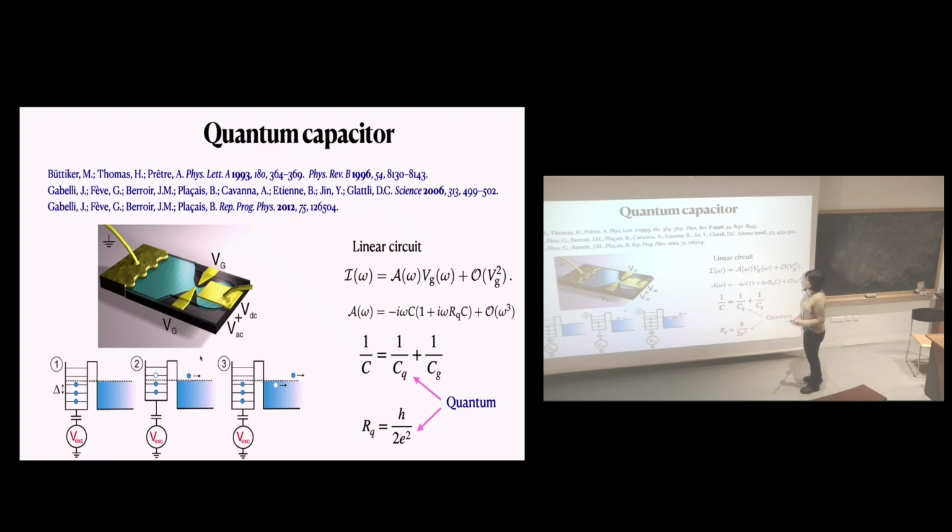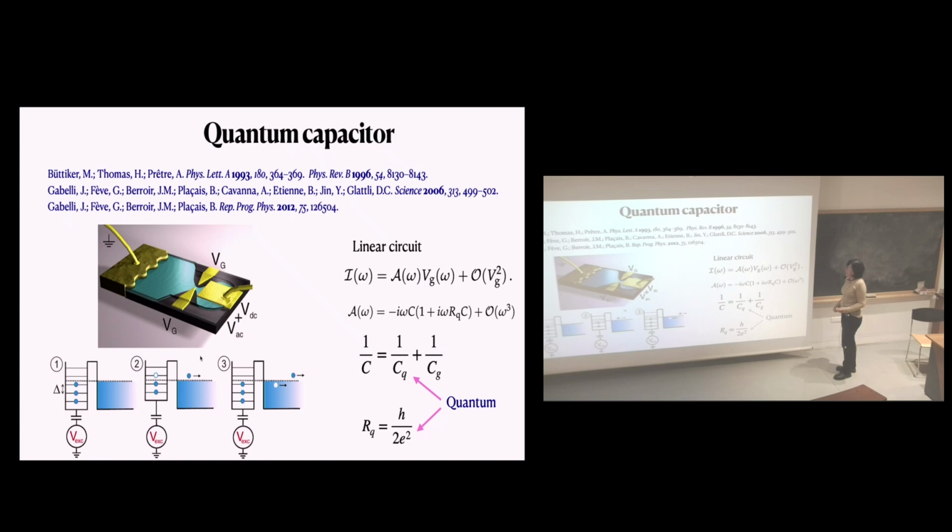Okay, so it consists in the following. You have a few level electron system connected to some voltage, which changes in time. So it's time dependent, an AC voltage actually.